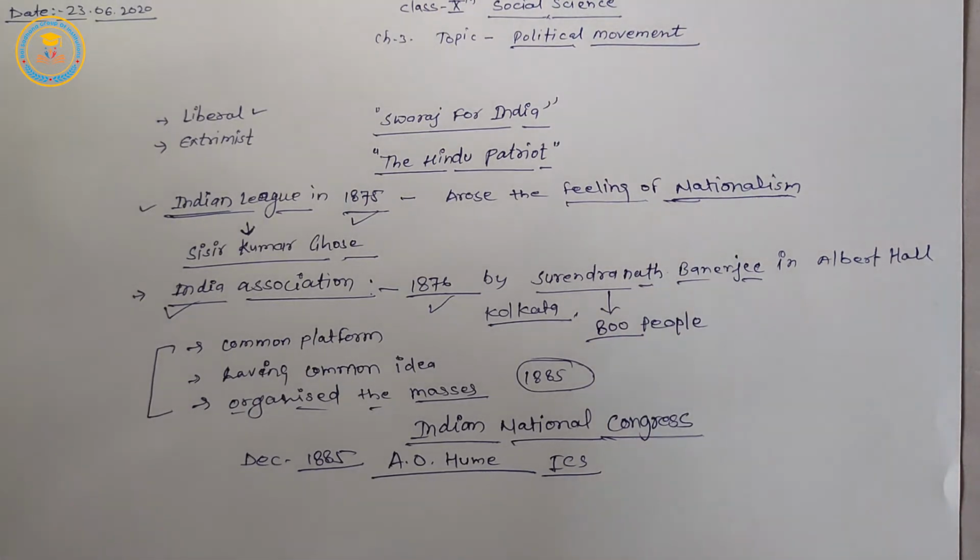If they came, then the British would know their mindset and their policies, and by giving them greed, they could suppress all the political leaders. So the British would continue to rule in India.